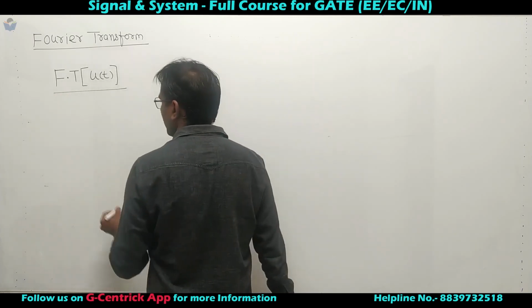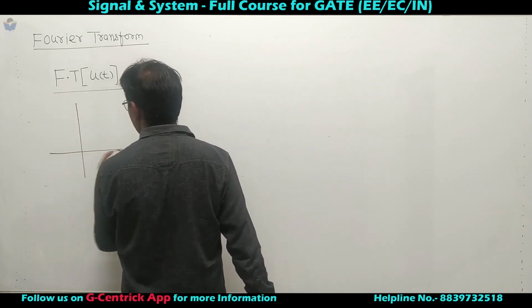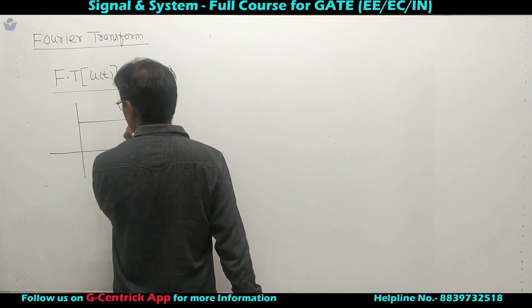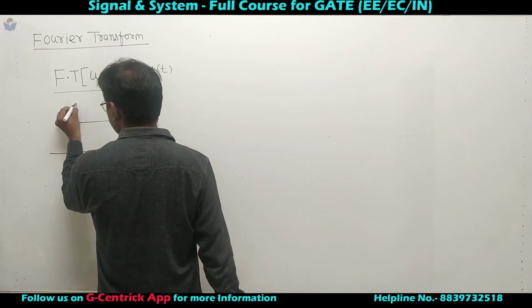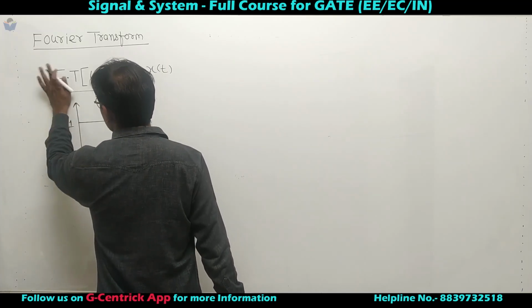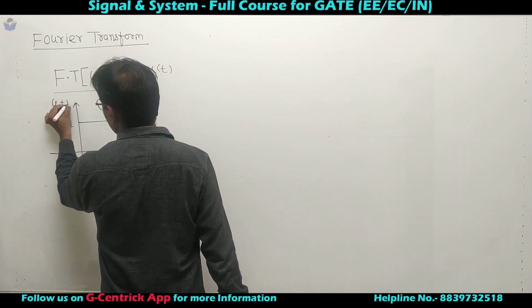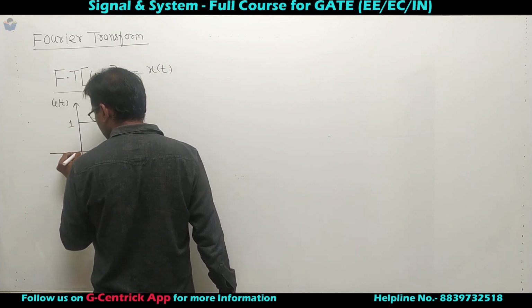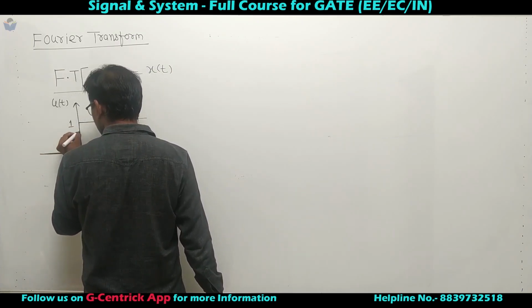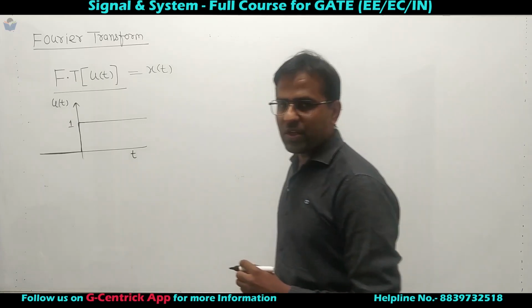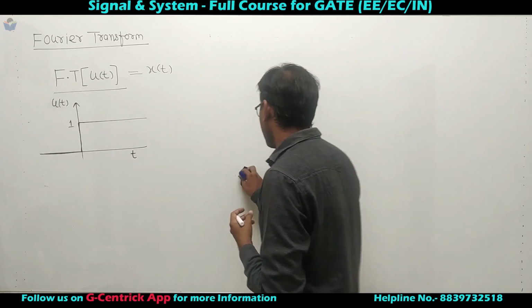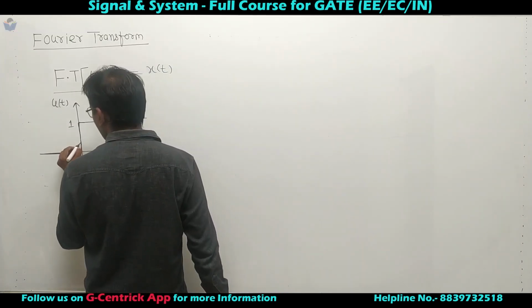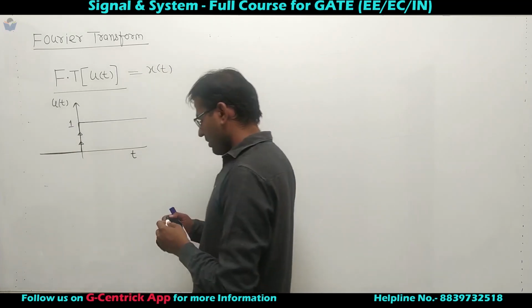So this is the function, the unit step function. This is 1 for t greater than 0, and 0 for t less than 0. Okay, this is the unit step function. So how do we calculate the Fourier transform for this function? Again there is a discontinuity at t equal to 0, so to avoid this calculation we will use this method.